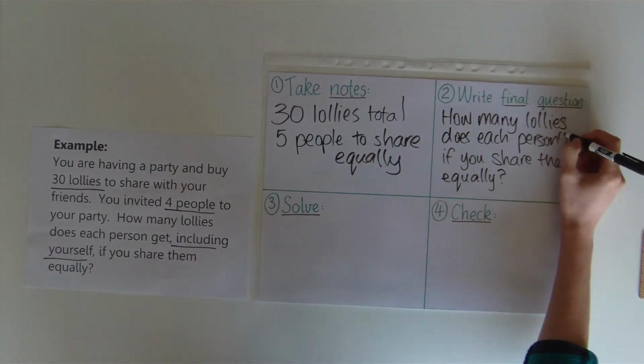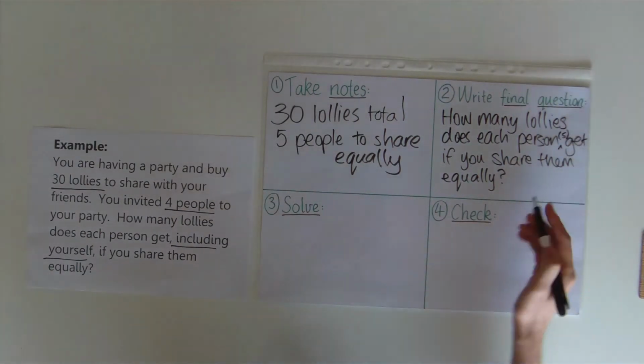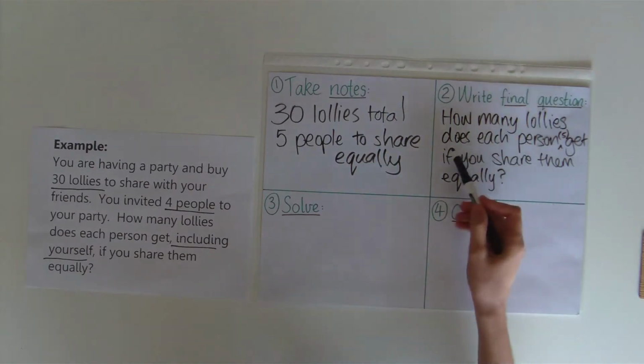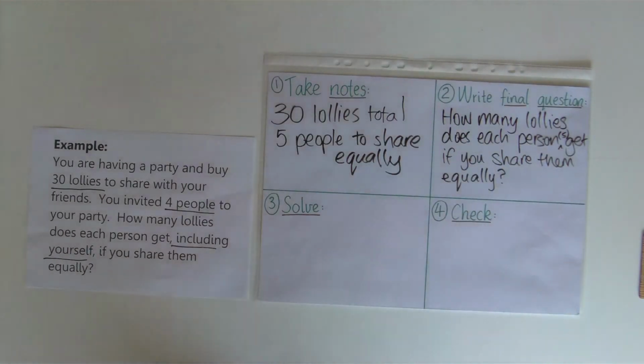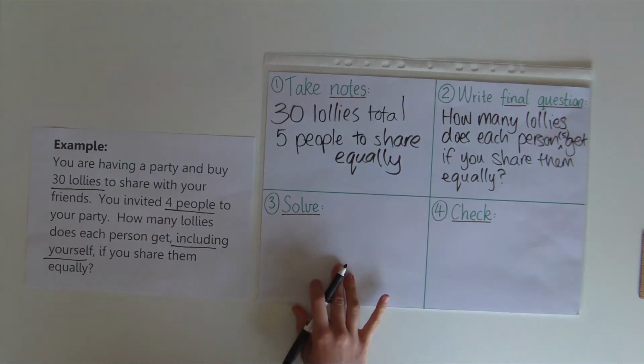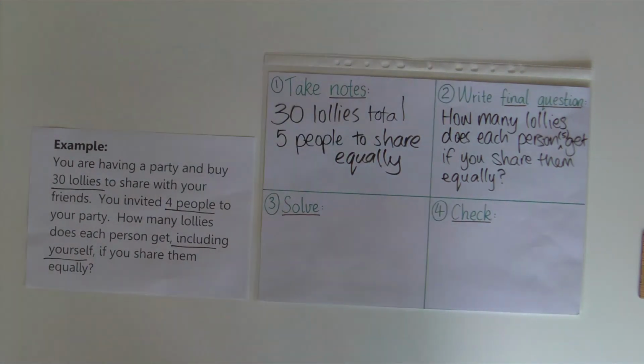And I could even include the number 5 after each person. How many lollies does each person, there are 5, get if you share them equally? And then this section over here is what it says, solve, to solve the problem.